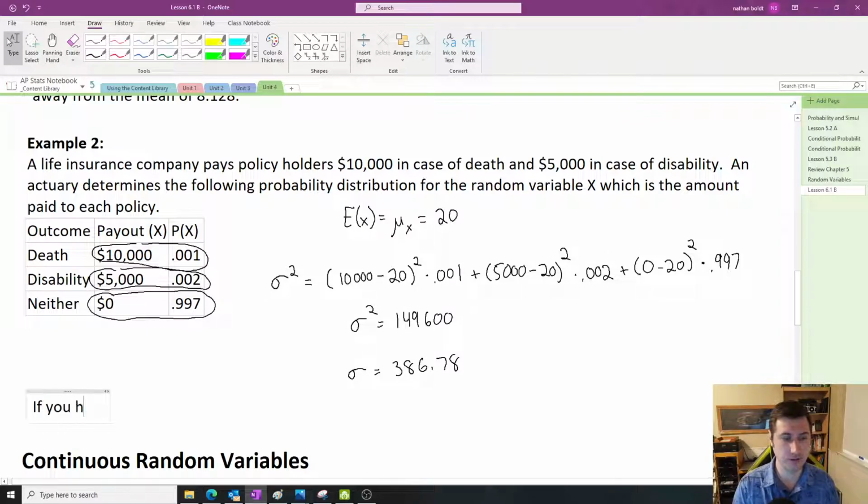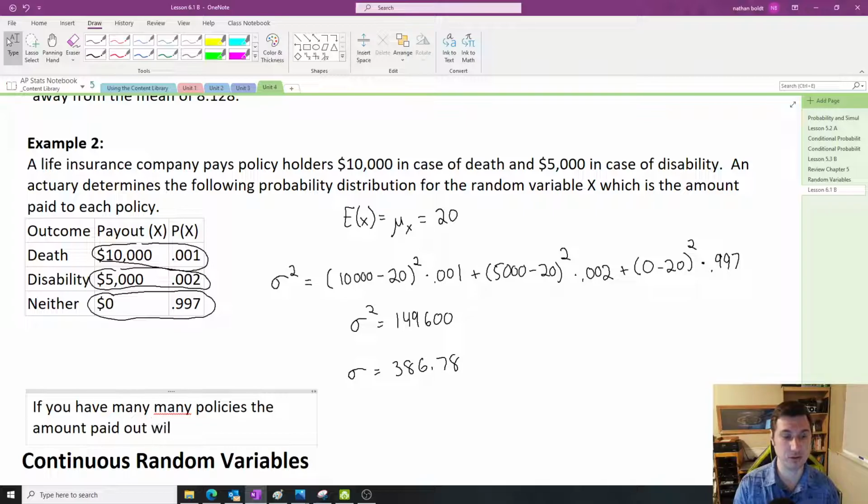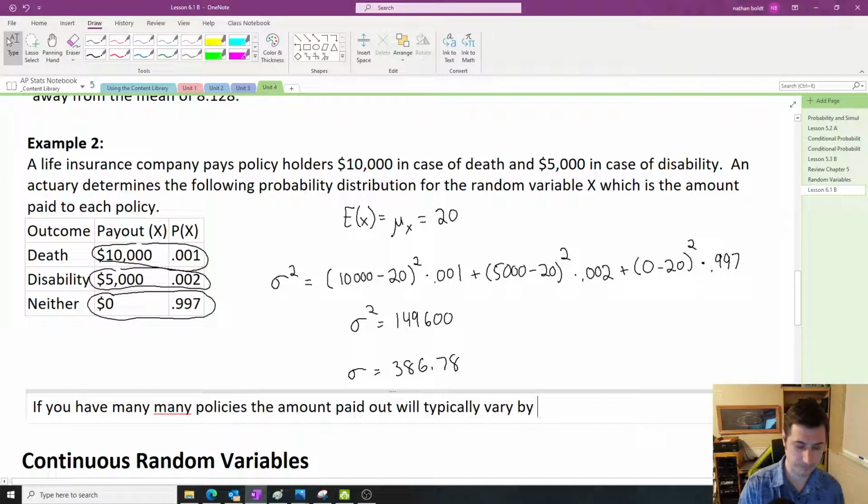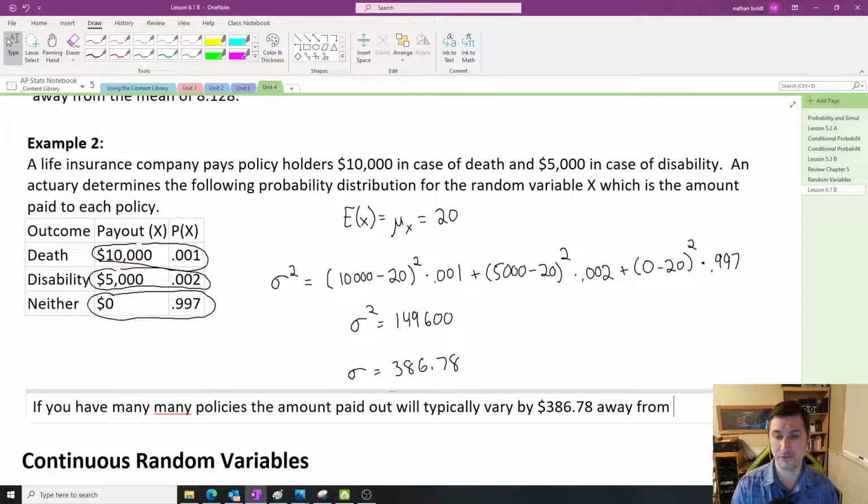If you have many policies, the amount paid out will typically vary by $386.78 away from the mean of $20.